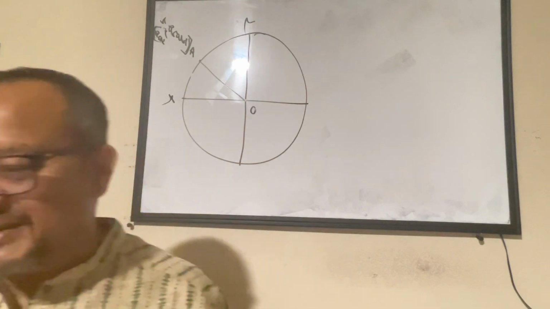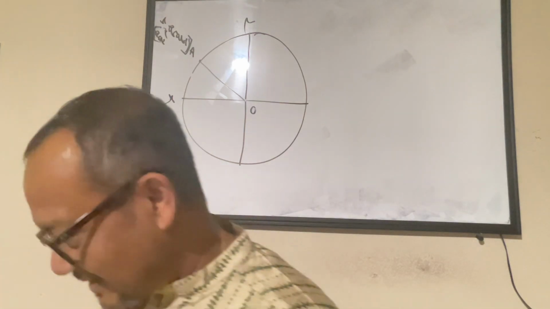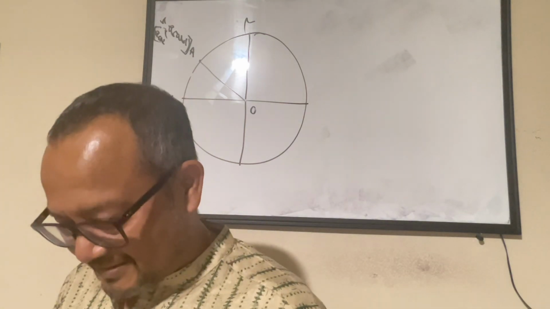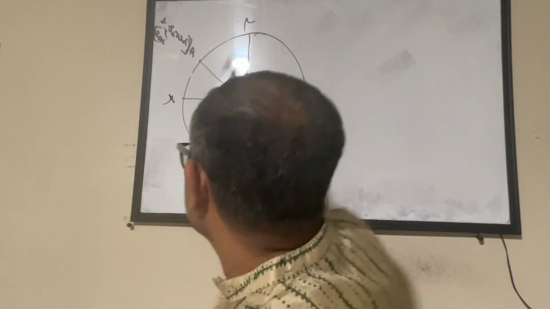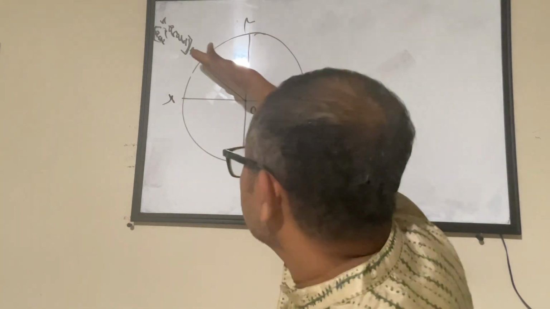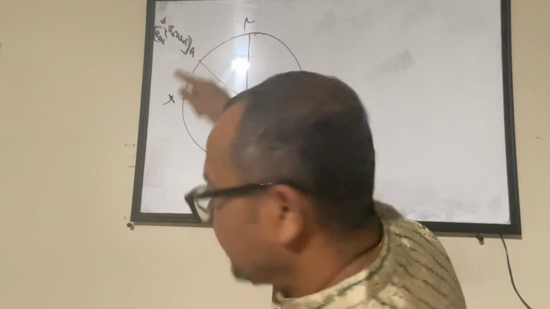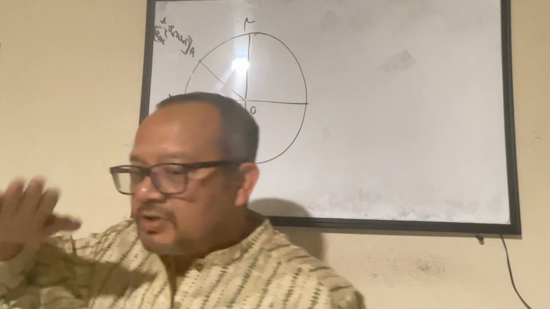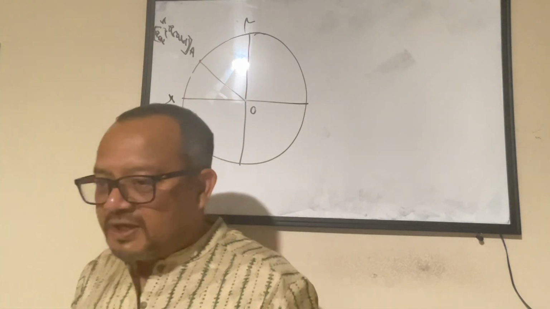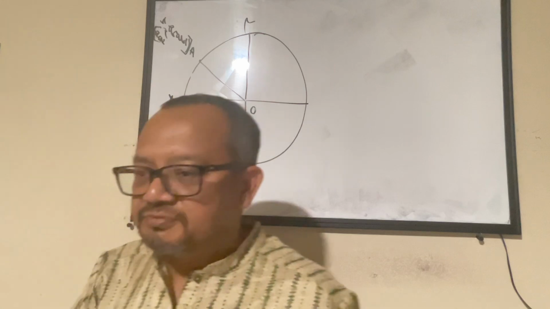Did you mean slope in a unit circle? I'm not talking about unit circle at all. I'm saying that this is my coordinate plane and this is my line by joining O and A. What do you mean by slope? So let me spend a quick 2 minutes to define it.